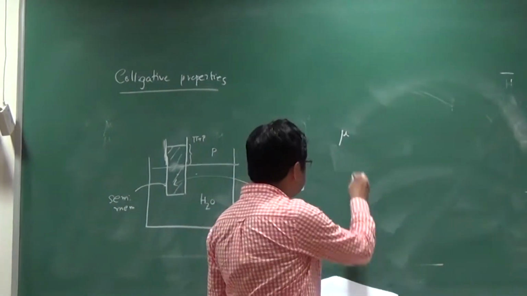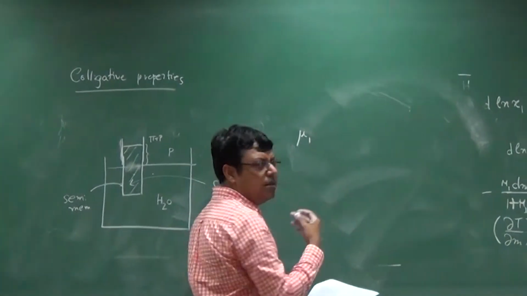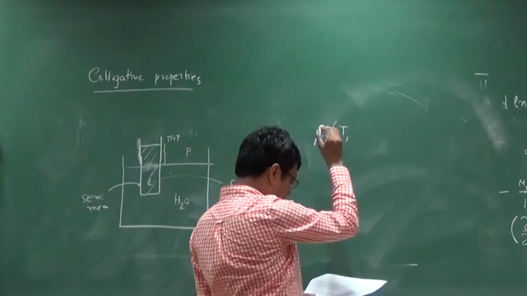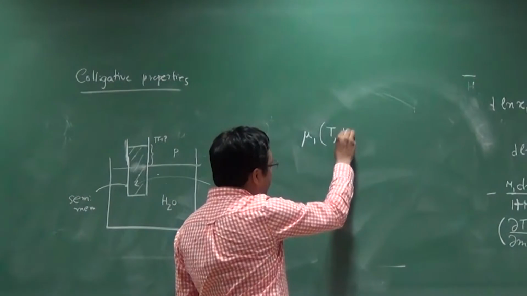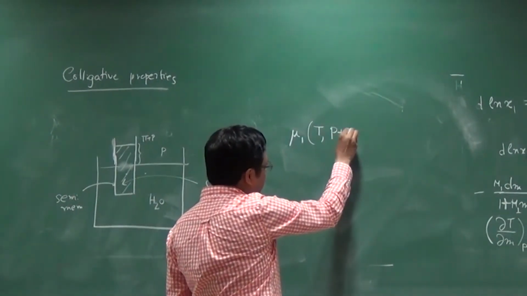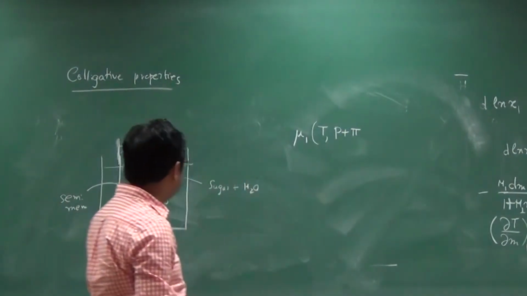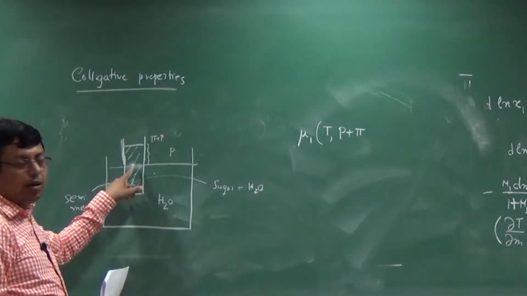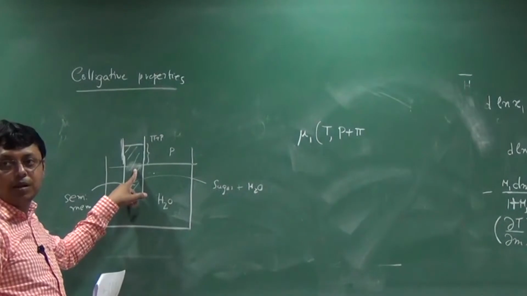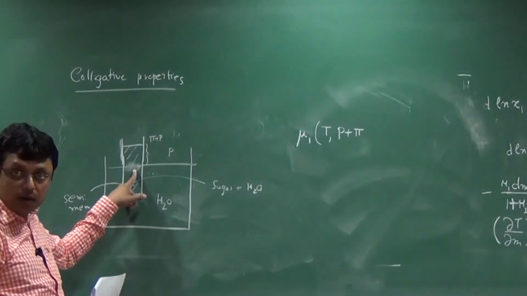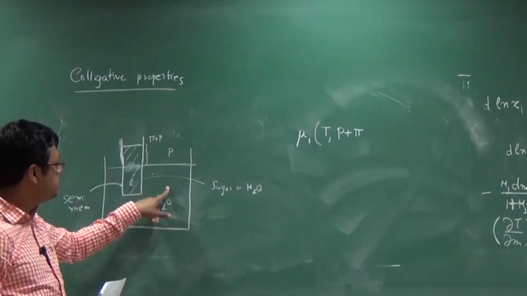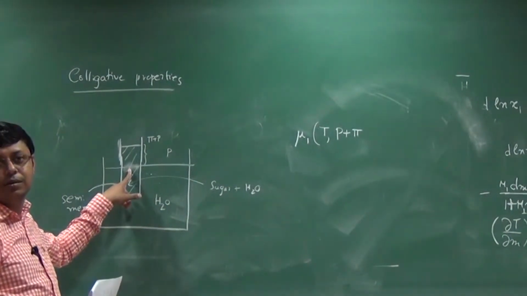I'm writing it as mu1, where 1 means water, at a fixed temperature, at a pressure which is P plus pi, which means the chemical potential inside. But when I'm considering the chemical potential inside of water, that is also dependent on the mole fraction of water, because this is pure water, but this is not pure water.